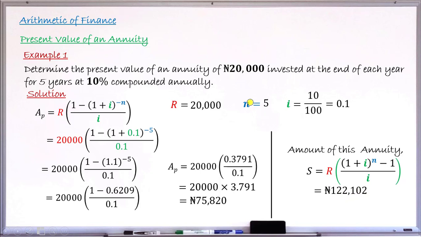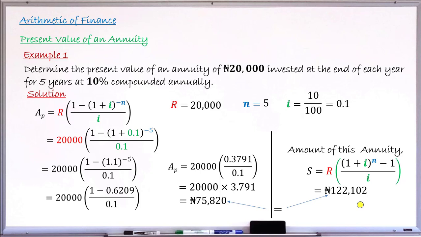That is the total money paid or invested plus the interest accrued. And we now say that this very amount is equal to 75,820 naira presently. So these two amounts are simply equal. This is the amount today and is equivalent to this large amount in 5 years to come.